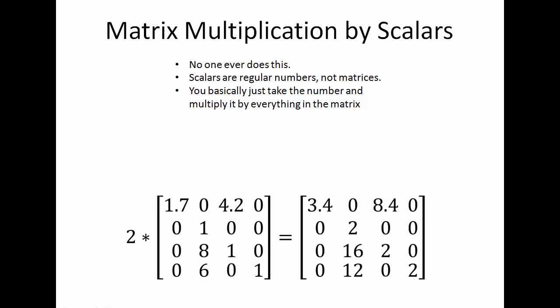The way you do that is you take that number and multiply it by every value in the matrix and store it in the same place for the result. So 2 times 1.7 is 3.4, 2 times 0 is 0, 2 times 4.2 is 8.4, and so on and so forth.